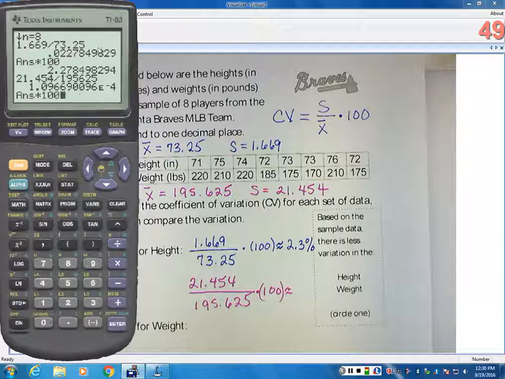Now, before I actually multiply by 100, you look at this, you say, wow, that's going to be over 100%. No, it's not. That's 1.0966 times 10 to the negative 4. So this is actually a decimal and then 3 zeros in front of that 1.